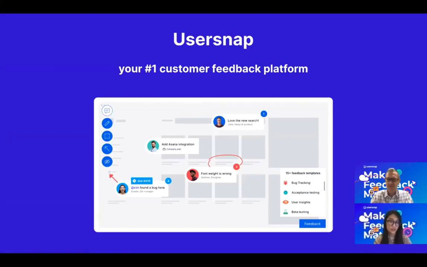As you can see in this picture, there are annotations on the screenshots. In the UserSnap dashboard, you can manage that, collaborate with your team, or send it to project management tools you're already using, such as Jira. That helps to cut down your QA process, which we'll talk about a bit later.